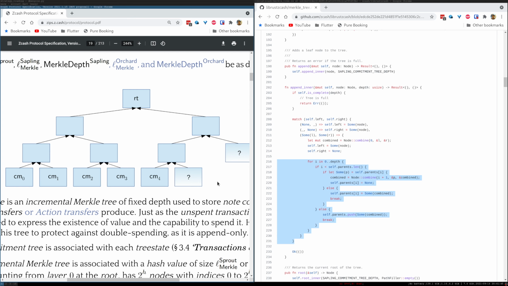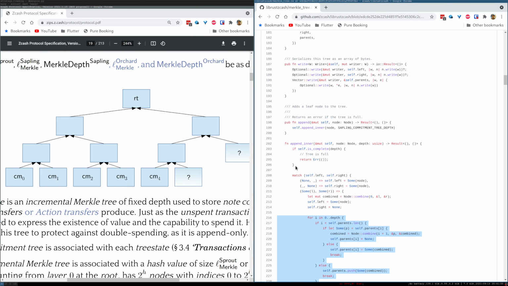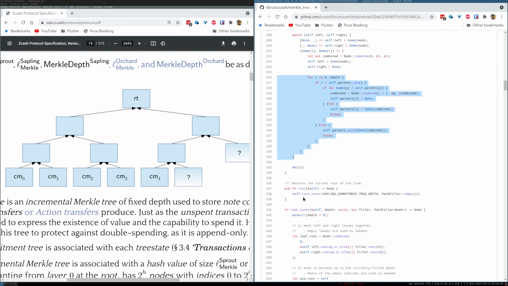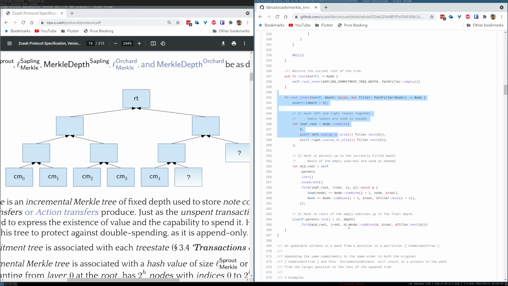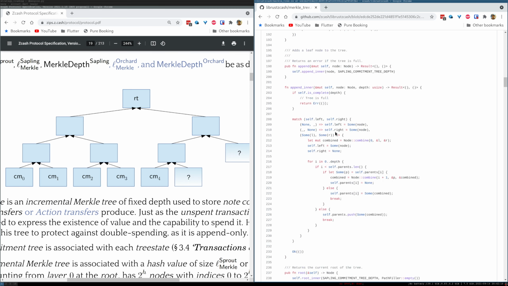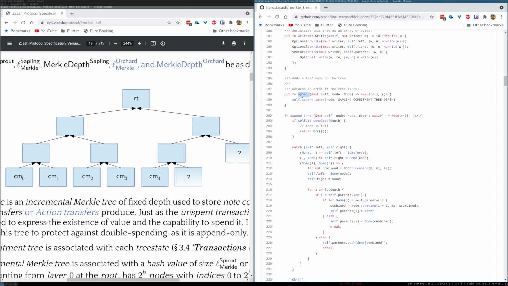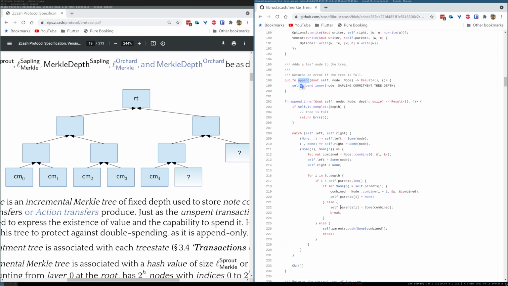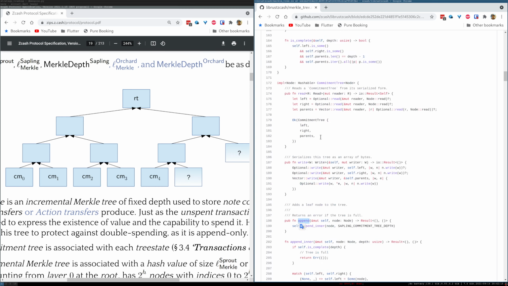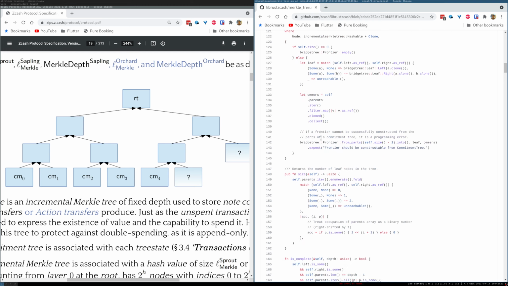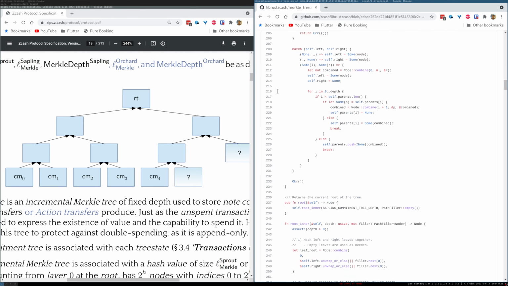Okay, and this is basically the whole complexity of this commitment tree. Everything else that you see here, the root, inner, all this stuff here, is really not that important. The only thing here is really your ability to append a new node. So essentially, in the entire file, the most complicated part, the most interesting part is these 10 lines.